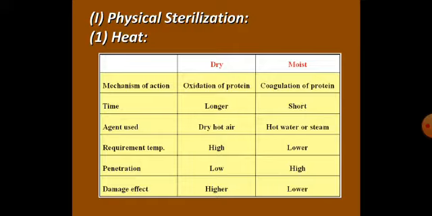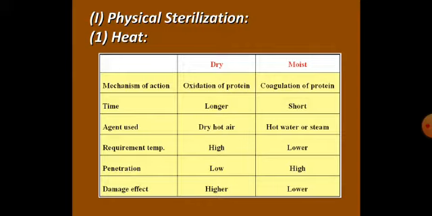The time required to achieve the sterilization by dry heat is longer than the moist heat. The temperature required is higher in dry heat than in the moist heat. The damaging effect on the article is higher in dry heat than the moist heat. And finally, penetration power of dry heat is lower than the moist heat. So in comparison of dry heat with the moist heat, we found that moist heat is much more efficient than dry heat.